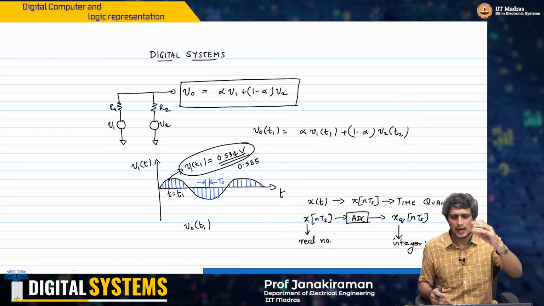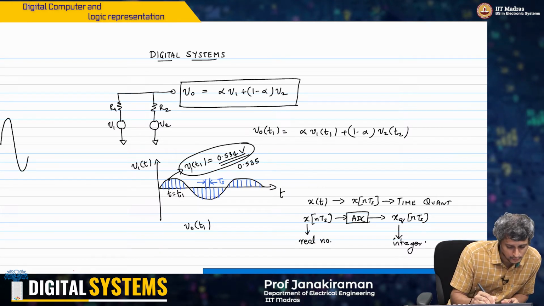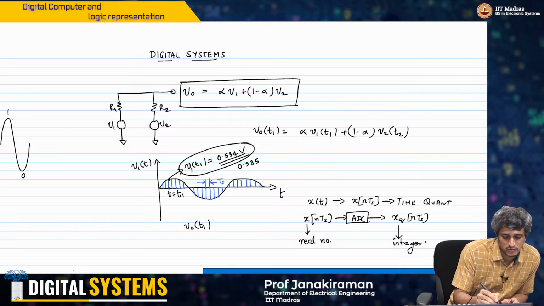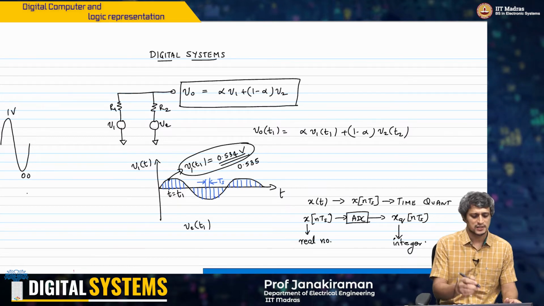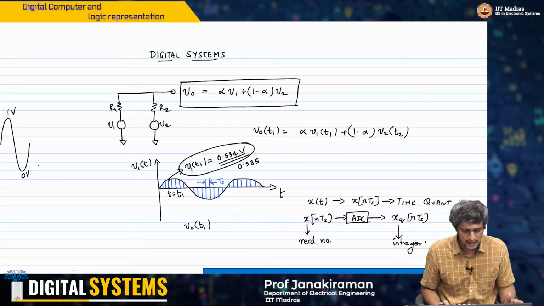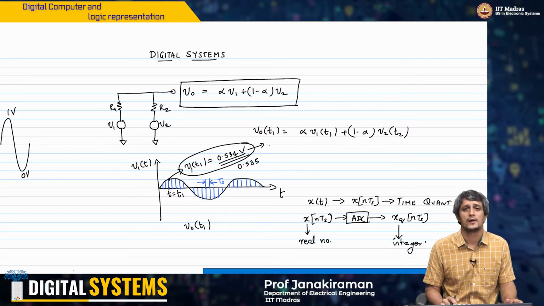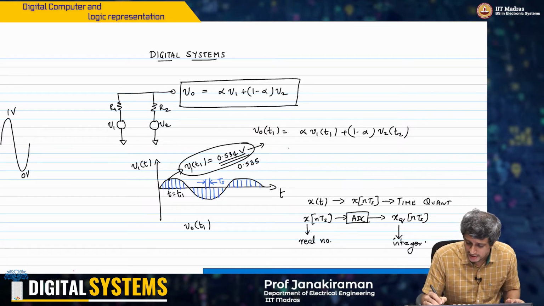So let us say that our signal is swinging between 0 and 1 volt. This is 0, this is 1 volt. Noise could typically be of the order of a couple of millivolts. Now the problem is, let us say 0.534 volt, so how much is this in millivolt?